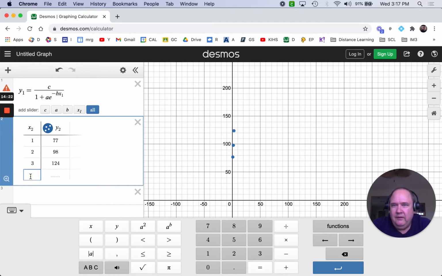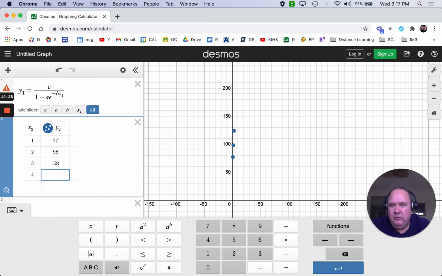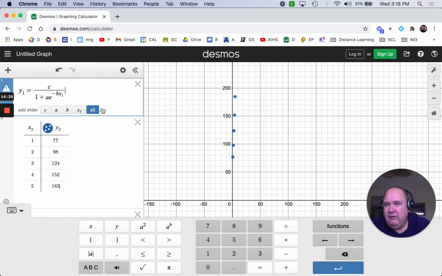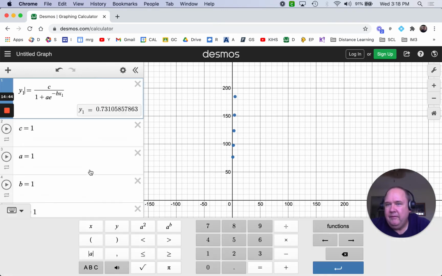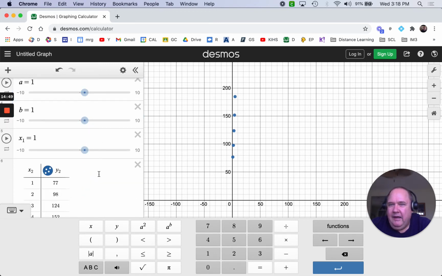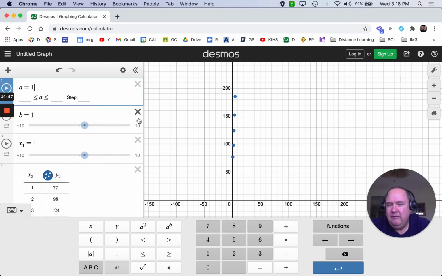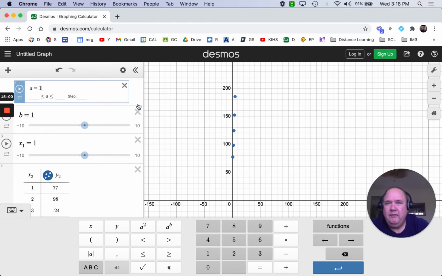It is 4 and 152. And it is 5 and 185. All right. So, and now we have this here. I don't want to slide it. Let me get rid of this. Feels like my computer's going slow.